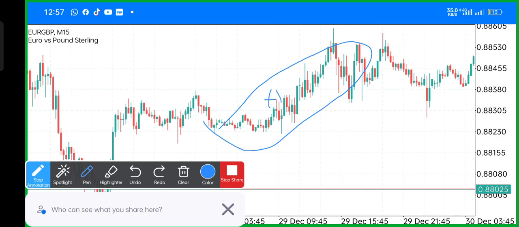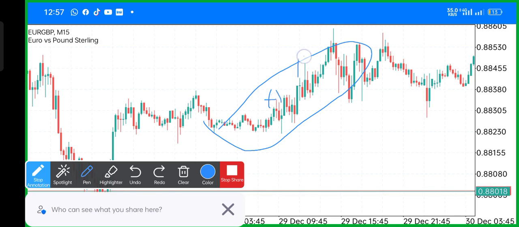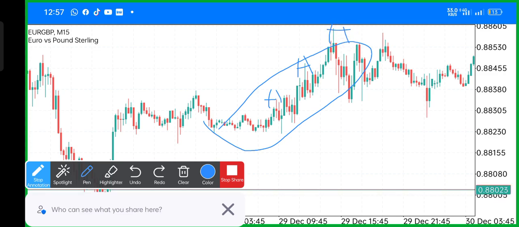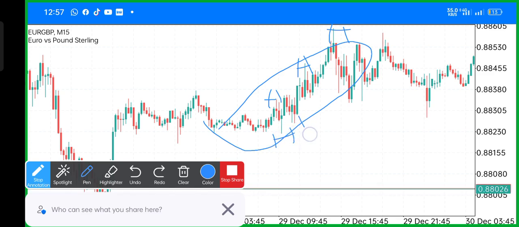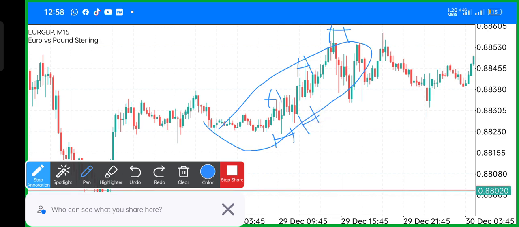So this is the H, second H, third H. All those highs are higher than the previous ones. And then we would have the first higher low, this will probably be the second one, and the third one here. So that's how you spot the simplified higher highs and higher lows.